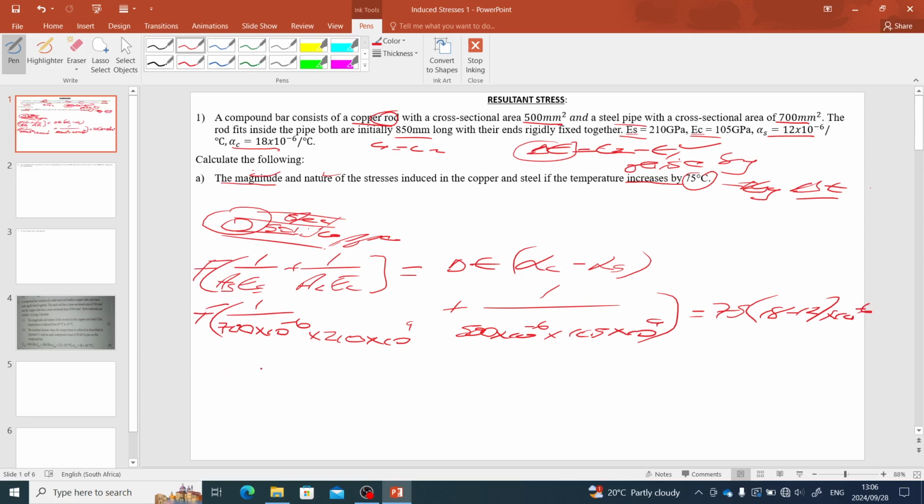After substituting the given information into the formula, we can then calculate the F.